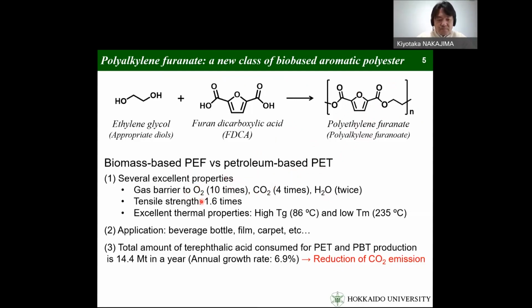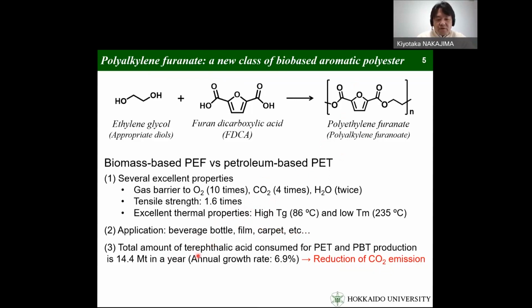In addition, attractive tensile strength as well as excellent thermal properties for processing make the polymer much more useful for the chemical industry. Potential applications of this polymer are, of course, beverage bottles, and also film, carpet, and so on.